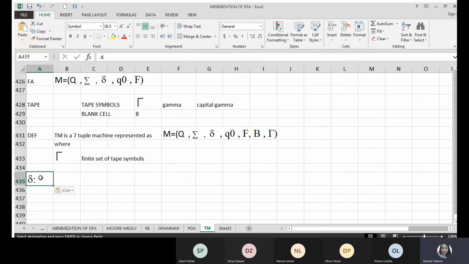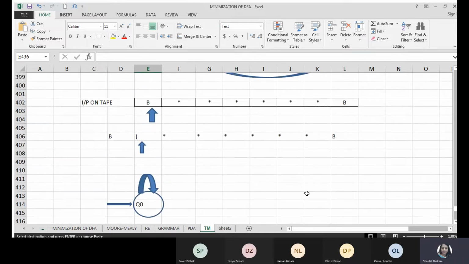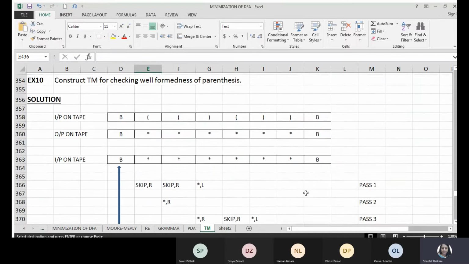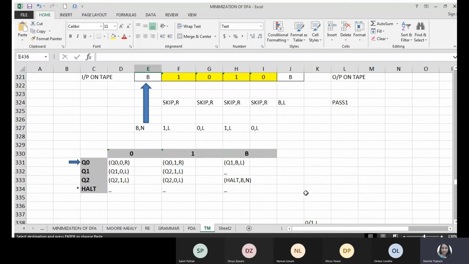Now, regarding this mapping function, again we will go to the previous sum. Here, if you refer any of the say transition table entry, what this transition table says is that this is your current state, this is the current symbol you are processing, and you are getting output as next state, symbol on tape, and action.